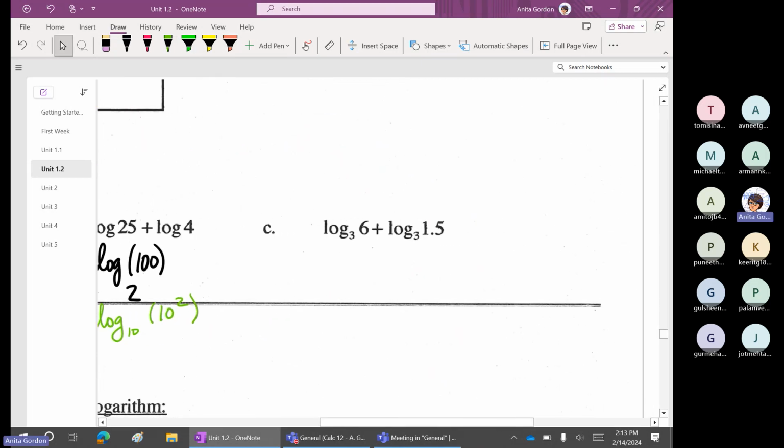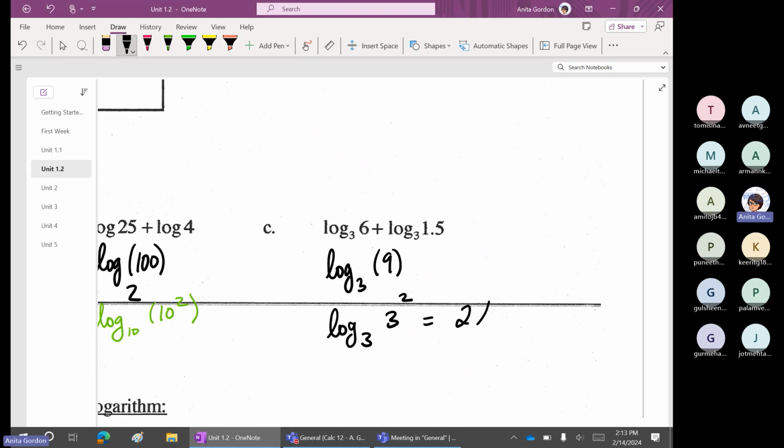Okay, next one. This is like 2 squared, like 2 log 3 comes to 1. Do you remember doing this?